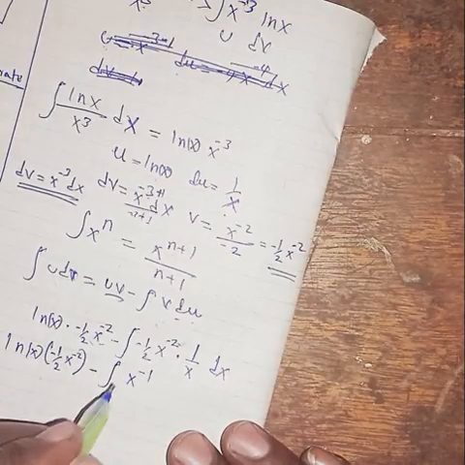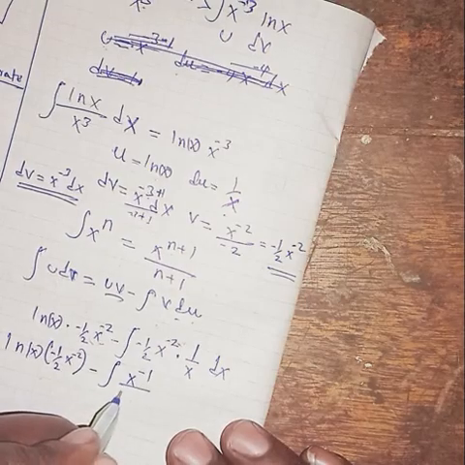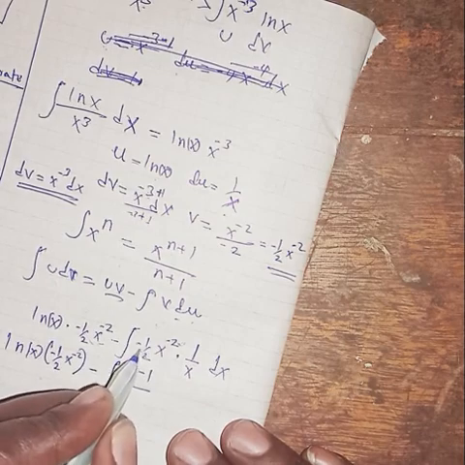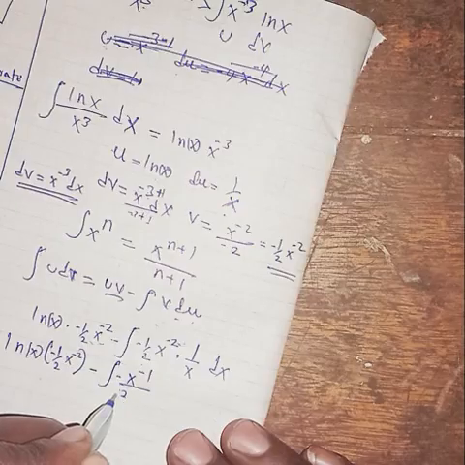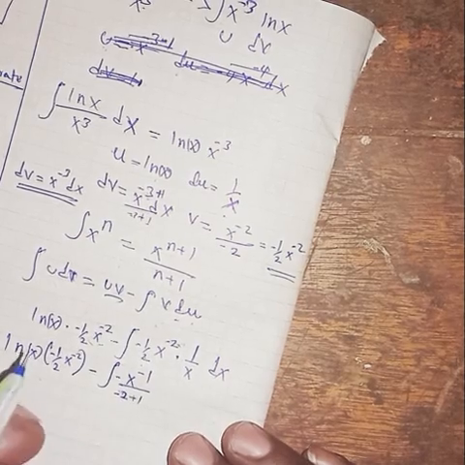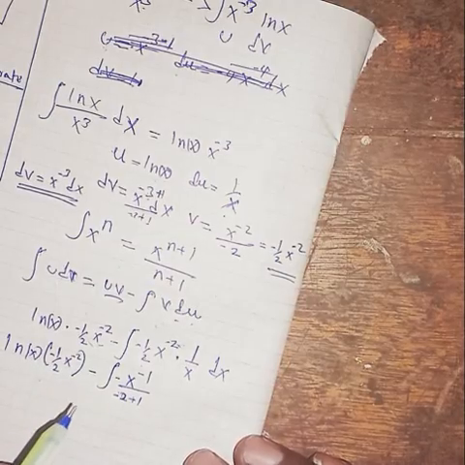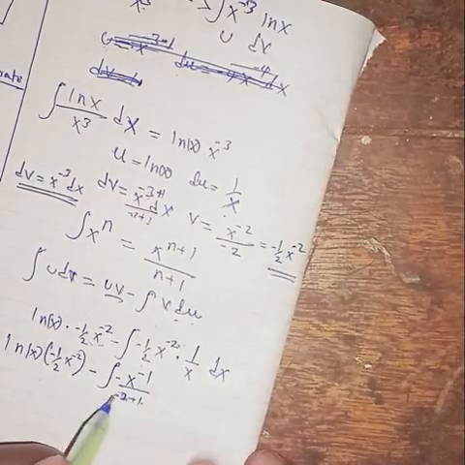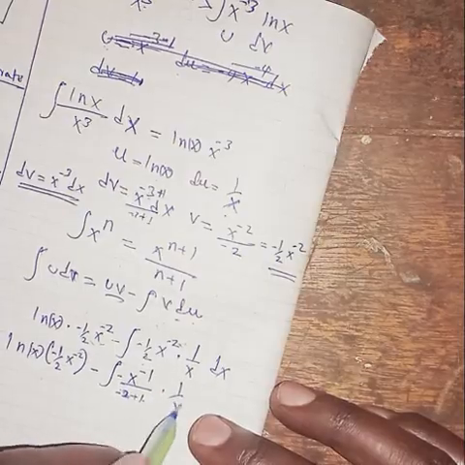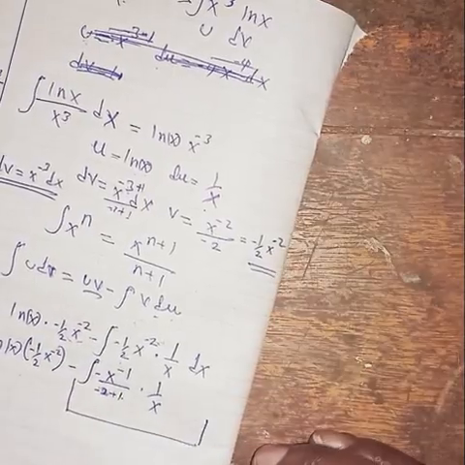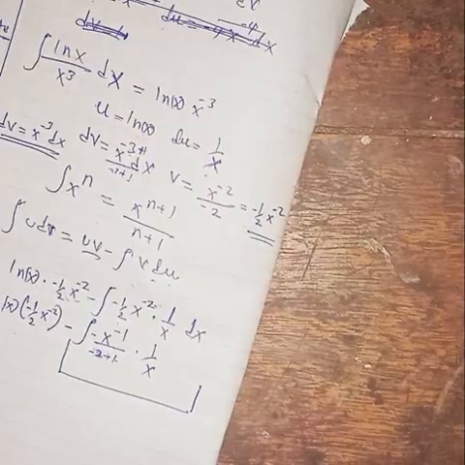Then you come down here. There was negative 2, now plus 1 again. It will be just negative 1. So negative 1 over negative. Let us arrange this first, because those negatives are very complicated.